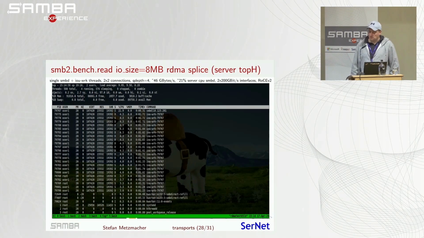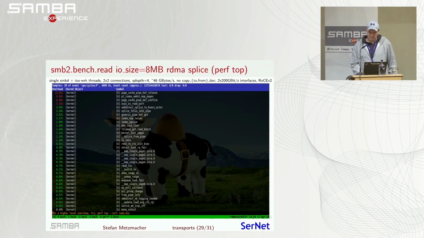And the thing is that the main SMBD basically just uses 22%, and the rest is IO uring helper threads. And also here with PerfTop, we just have page management stuff.